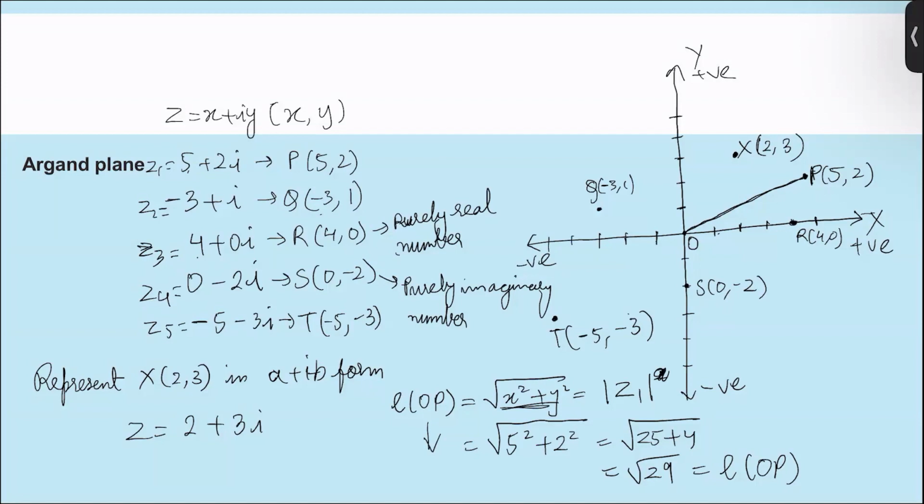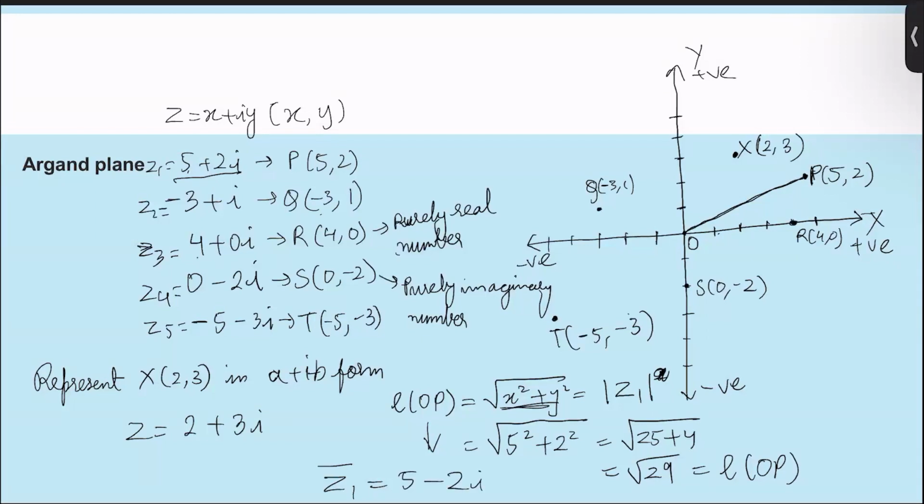Now, if we take the conjugate of Z1, so Z1 is 5 plus 2i, the conjugate of Z1 will be 5 minus 2i. So when you have 5 minus 2i, suppose your point P1 then becomes 5, minus 2. Since you have positive x but negative y, this actually comes in your fourth quadrant.